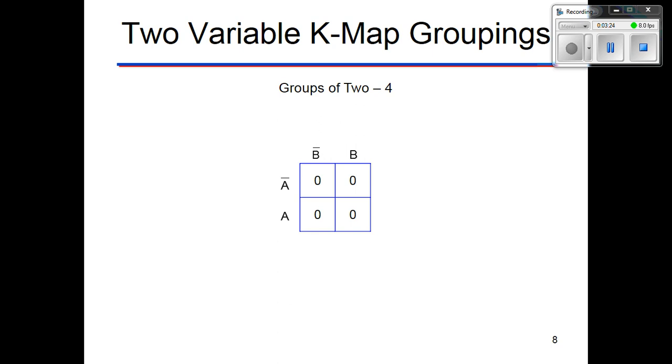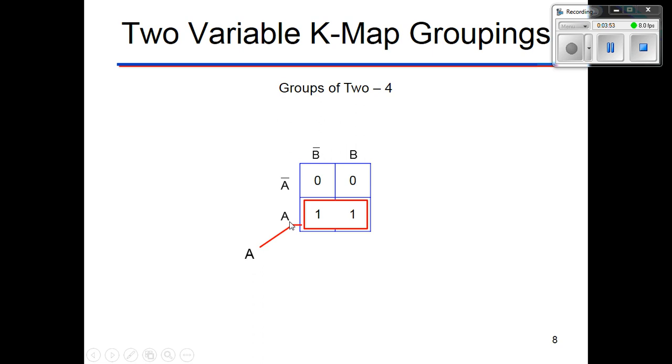Now, like I said, you can have groups of 2, and we just saw a group of 2. When you have a group of 2, the coordinates that are itself and its opposite cancel out. Over here I have A, not B, and B. Well, not B and B, you can't have that, so it's just not A. So not B and B cancel out.